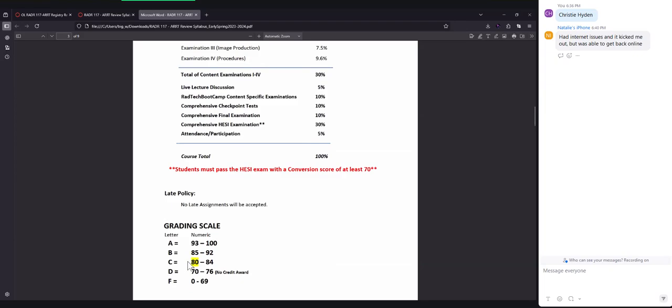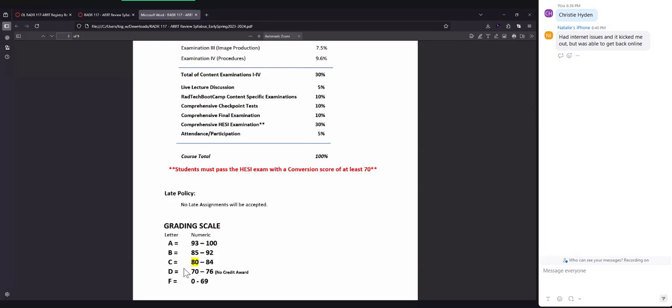So you can make an 80 on your HESI, and if you only make a 77 in the course, you won't pass. So you'll have to repeat it.